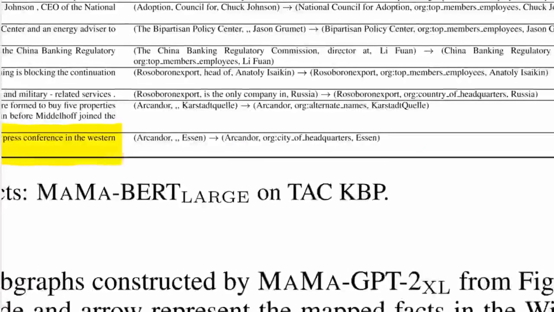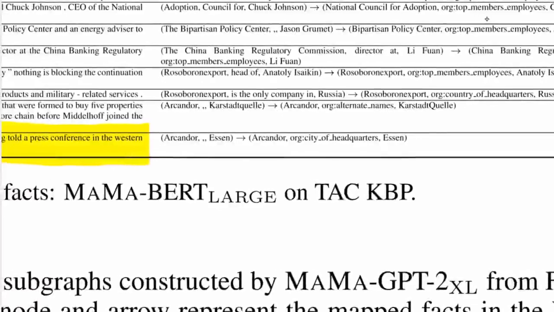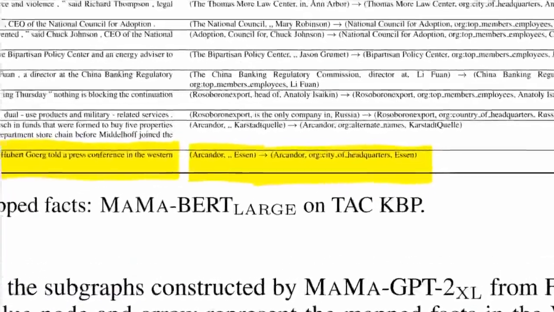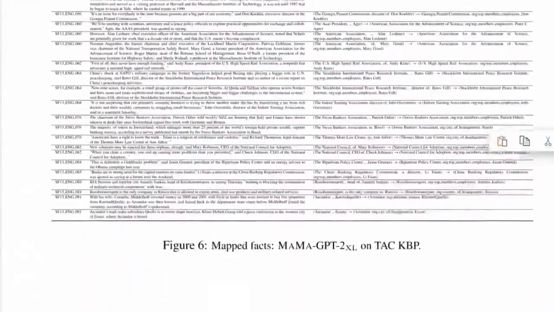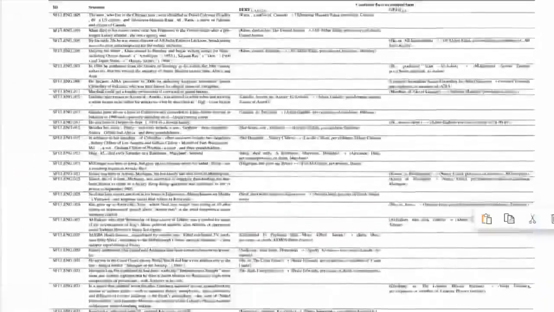And it extracts this company and maps it to the city of headquarters. Maybe they leave out some text here. What I want to get to is the unmapped facts, just to show you mapped facts and unmapped facts.